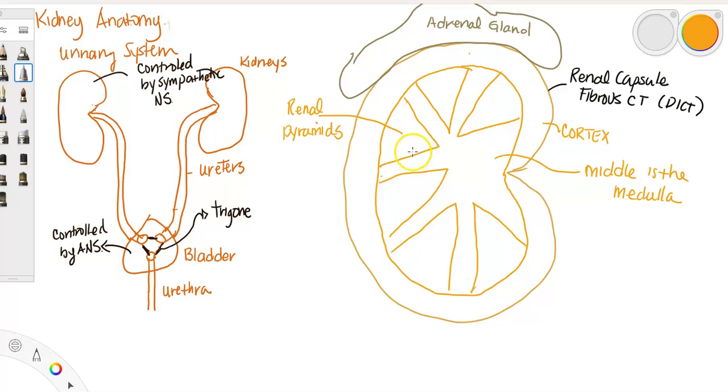Between the pyramids, you've got a pyramid here, here, here, here, here, and you see that they're separated by these little areas. And these are called columns. So these are called the renal columns.